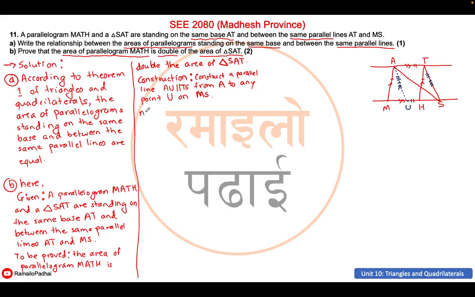Now we will start to prove that. There will be statements, reasons, and serial numbers as well.